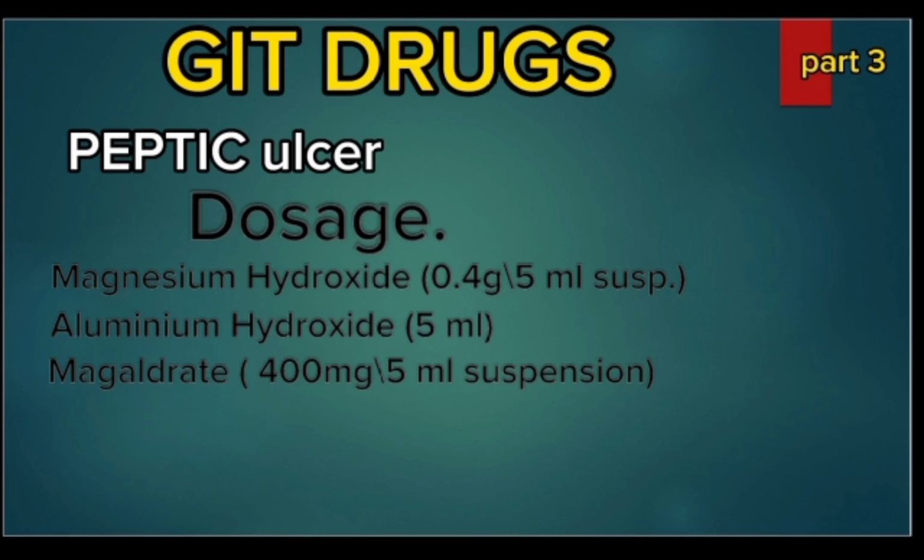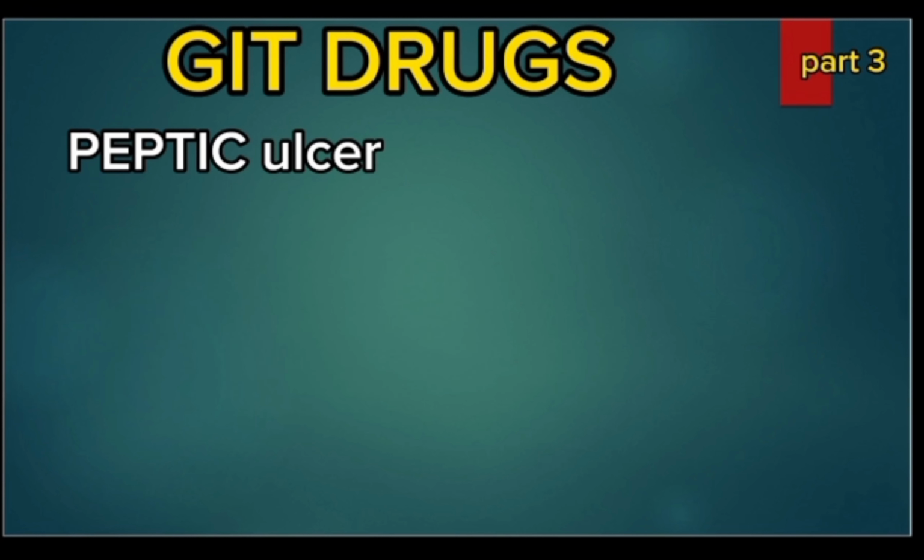These drugs are not commonly used nowadays, just for heartburn and acidity induced by gastroesophageal reflux. They are also not used commonly because of systemic effects. Long usage can cause alkalosis because it is systemically absorbed.